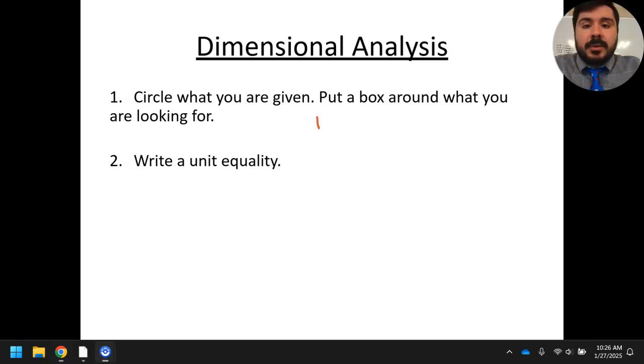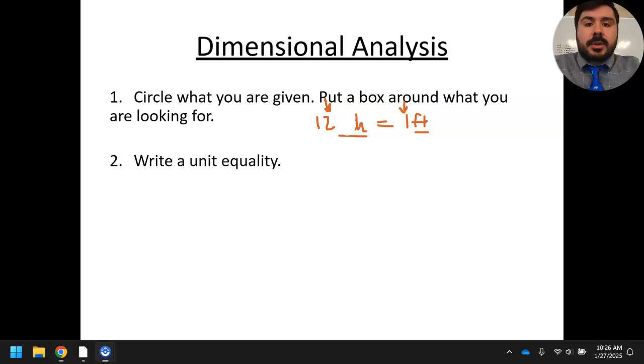Well, 12 inches is the same as 1 foot, okay? So this is a unit equality. It's taking 2 different units of measurement, inches and feet, and setting them equal to each other with different numbers, right? We clearly have a different number here, 12, and that number is very different from number 1.